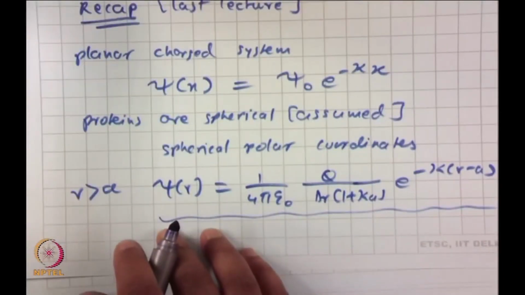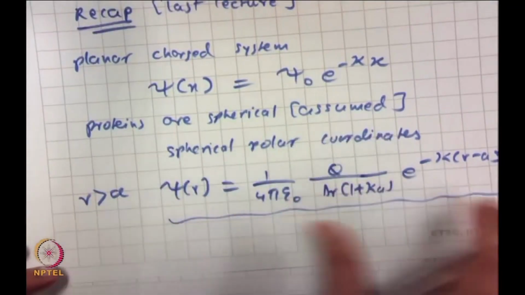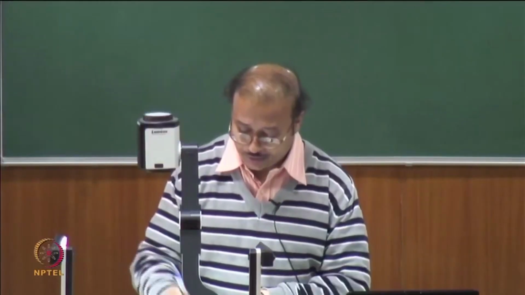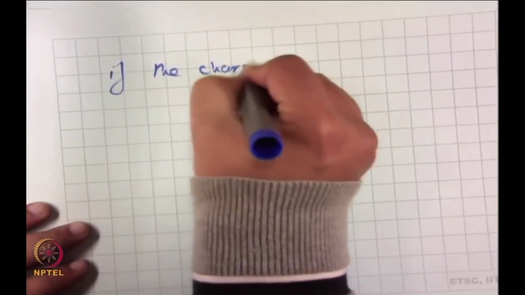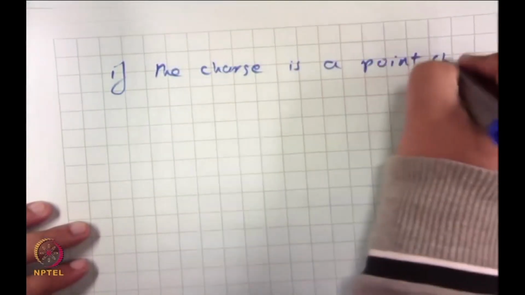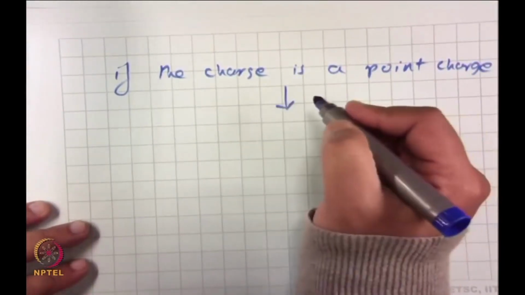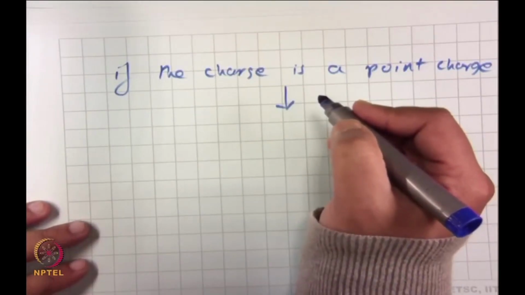Now think about this, because now the protein has this radius a, if it is a point charge, then what will happen? If it is a point charge, then a would be what? 0, right? So, no radius.